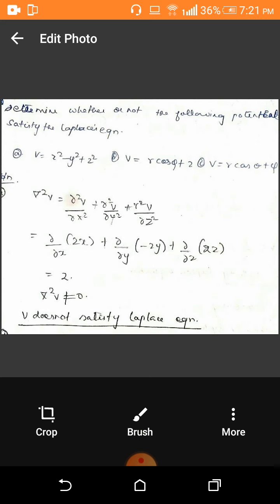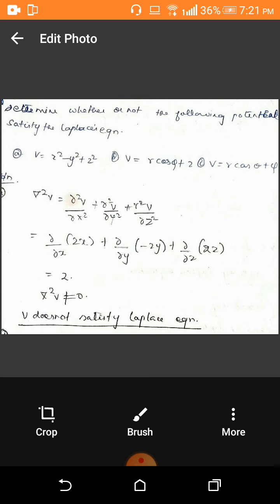So what we are going to write, dou square by dou x square into x square minus plus dou square by dou y square into minus y square plus dou square by dou z square into z square.